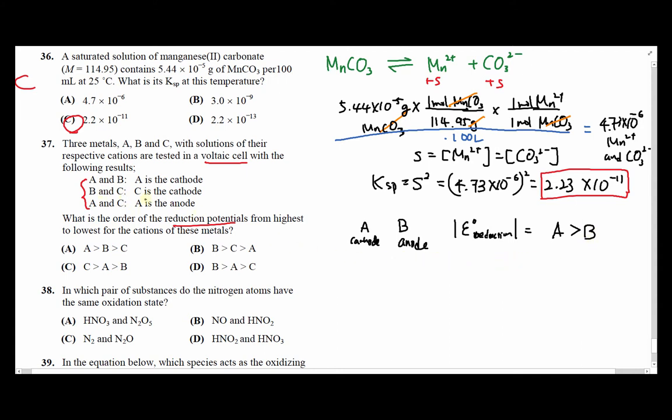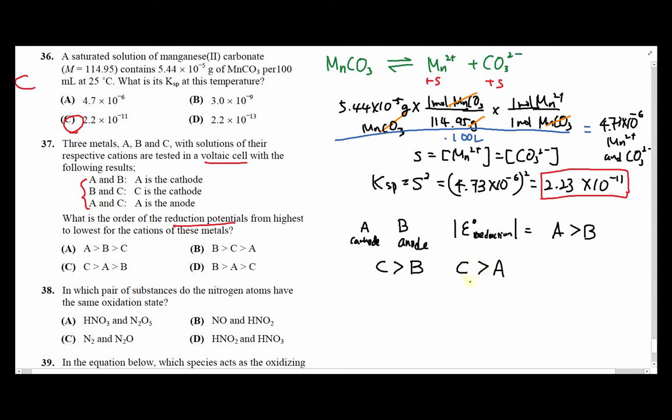B and C, C is a cathode. So C has to have higher magnitude of standard potential, and A is the anode between A and C. So meaning C has higher standard potential than A. Again, if the other way, then we have a non-spontaneous reaction.